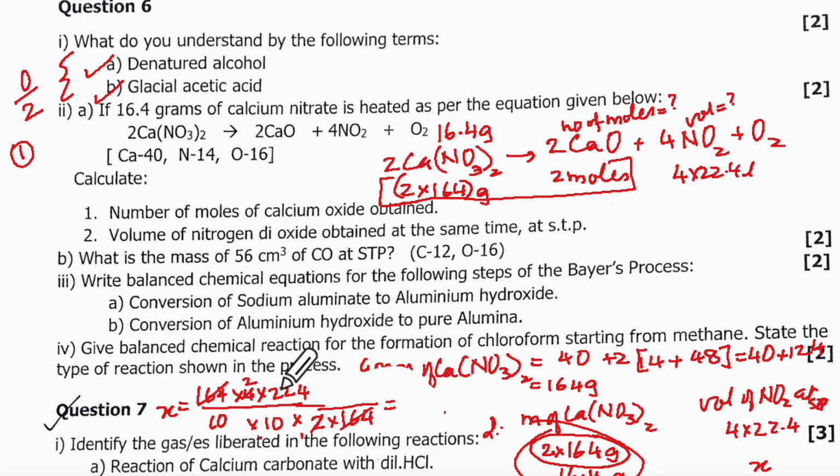So we are getting 448 upon 100 means 4.48 liters at STP. You have to write at STP also. So this was just for 1 mark. This was for 1 mark and this was for 1 mark, is it? 2 mark question, yes.